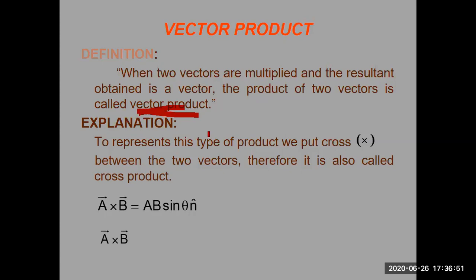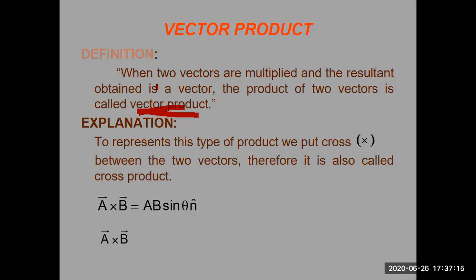Torque may be clockwise or anti-clockwise. This is basically a vector quantity. So this is the concept of vector product. When we multiply two vectors together and as a result we get another vector quantity, this type of product is called vector product. The example is torque.